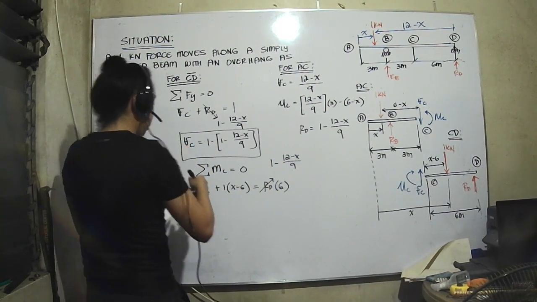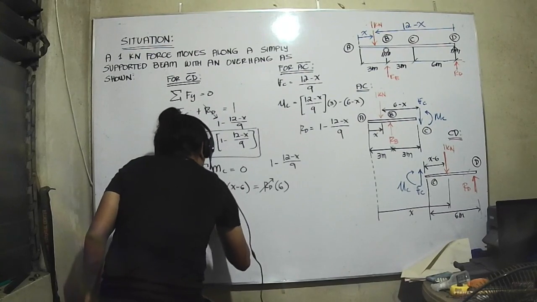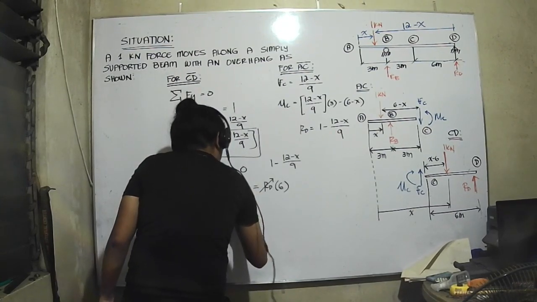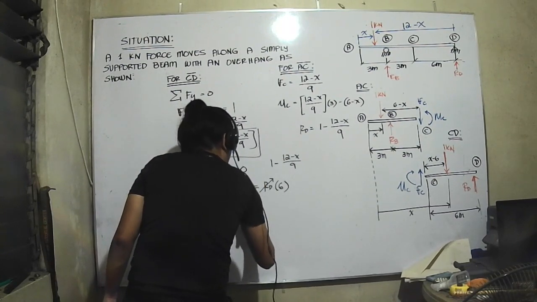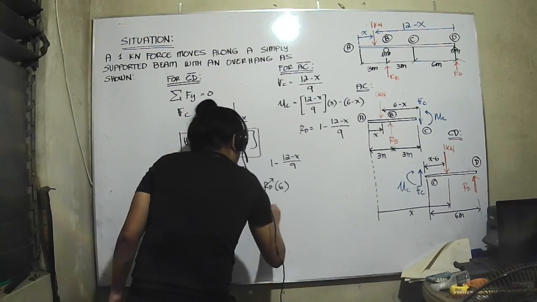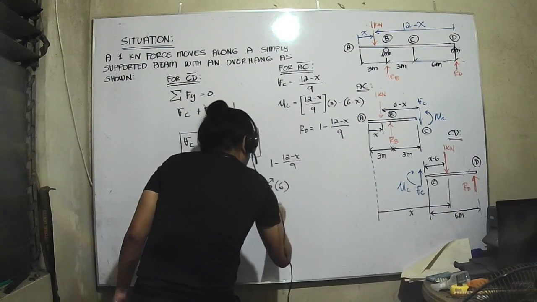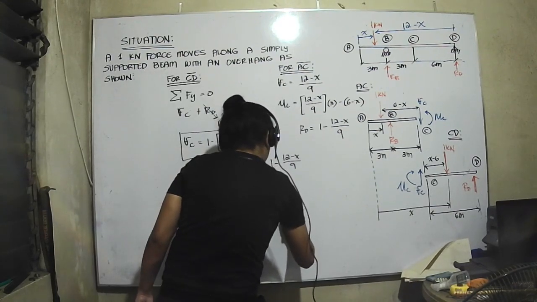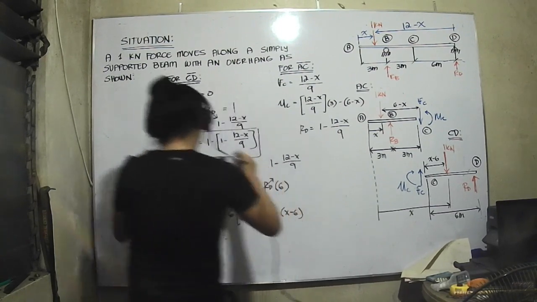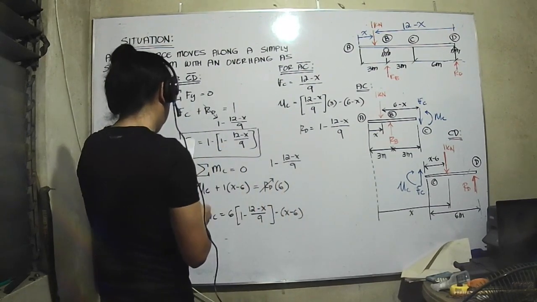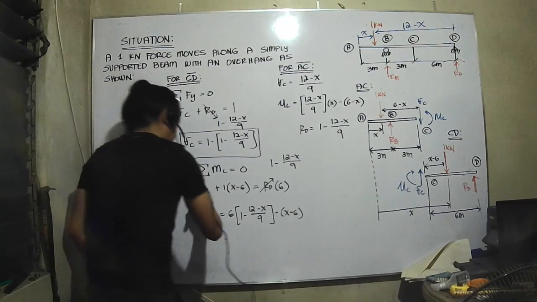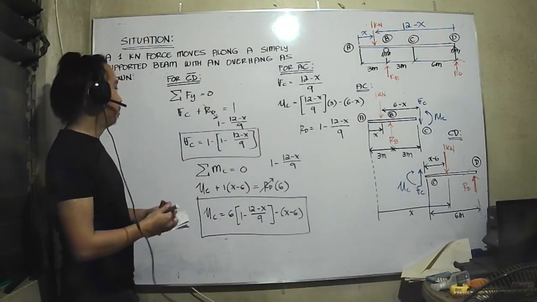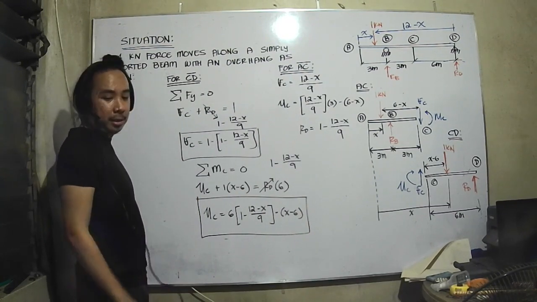I could just say that MC is equal to 6 times (1 minus (12 minus x) over 9) minus (x minus 6), okay? This is our MC, for the CD segment.